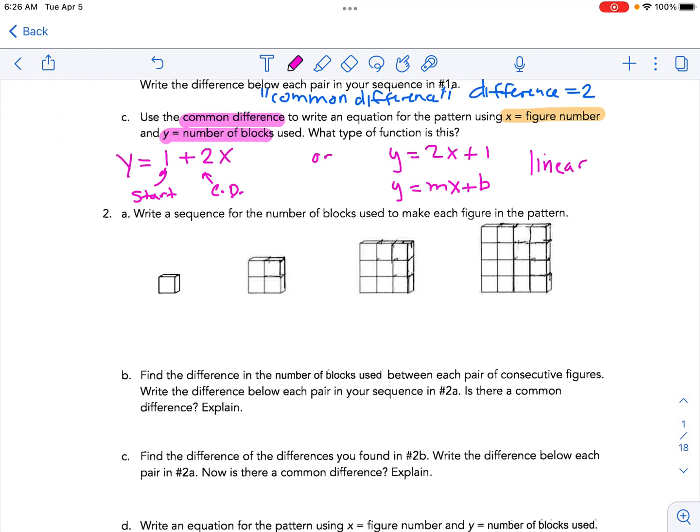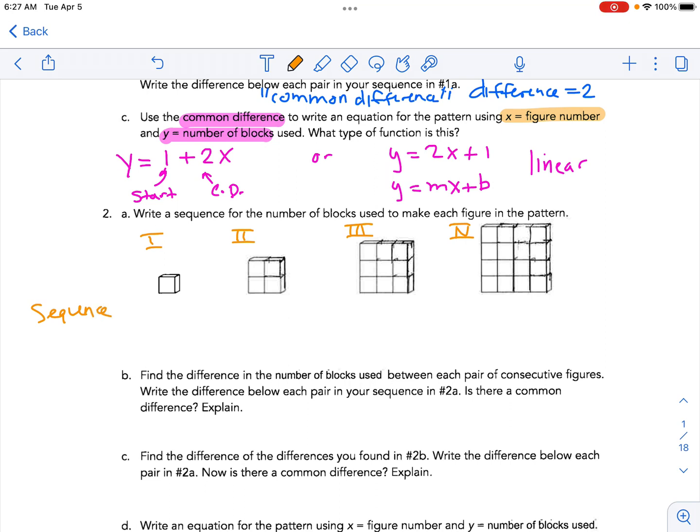Okay, so let's keep looking at more patterns. Now it says write a sequence for the number of blocks used to make each figure in this pattern. So we'll call this figure 1, figure 2, figure 3, and figure 4 again.